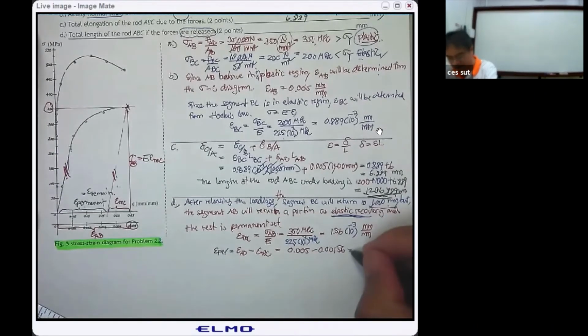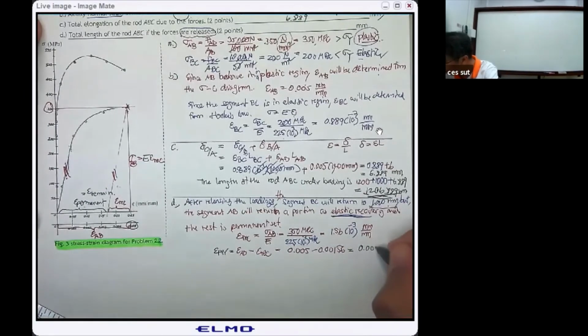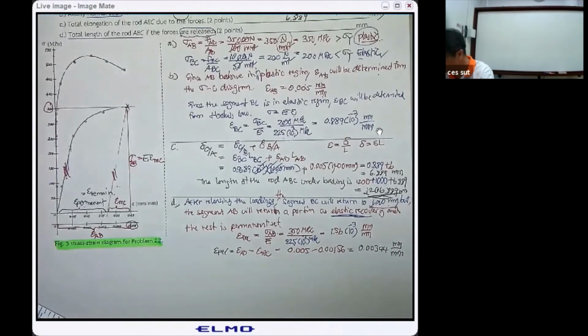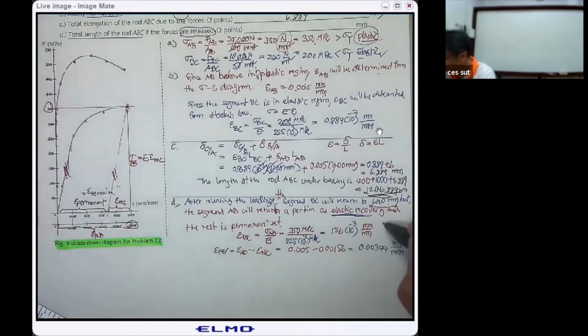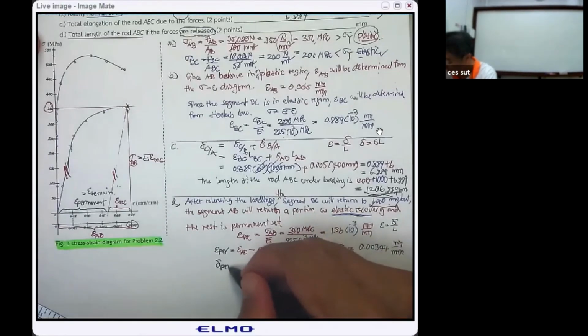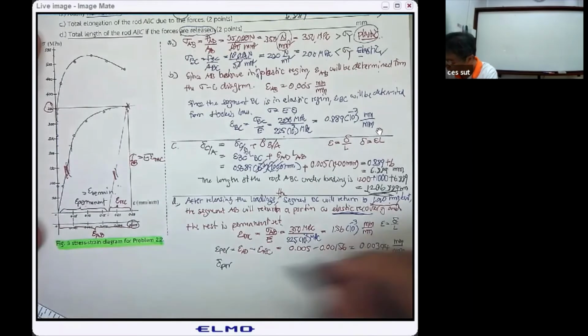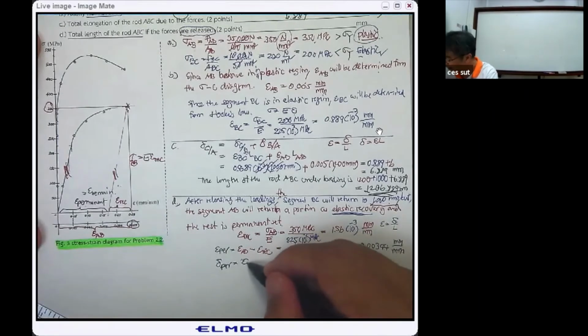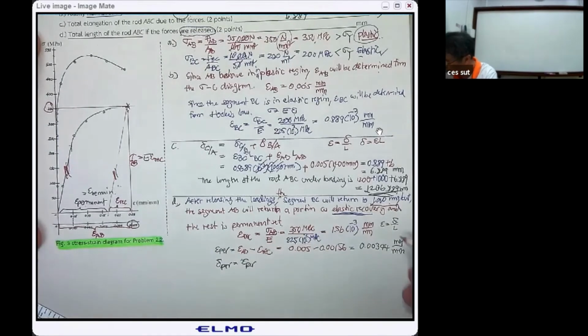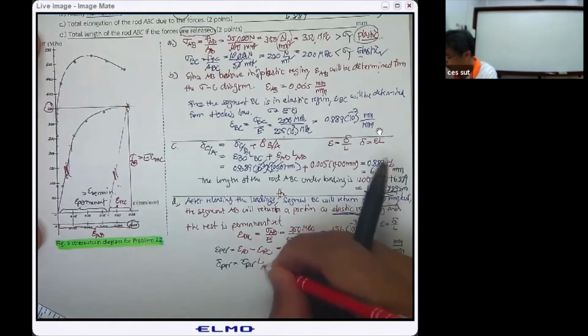By doing this, you get 0.00344 millimeter per millimeter. And now the strain equals deformation divided by length. So delta per is going to be equal to strain per times the length L sub AB.